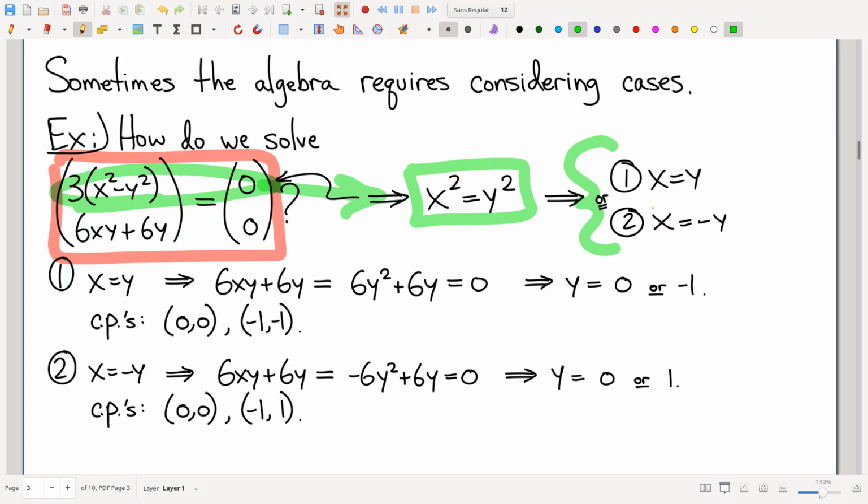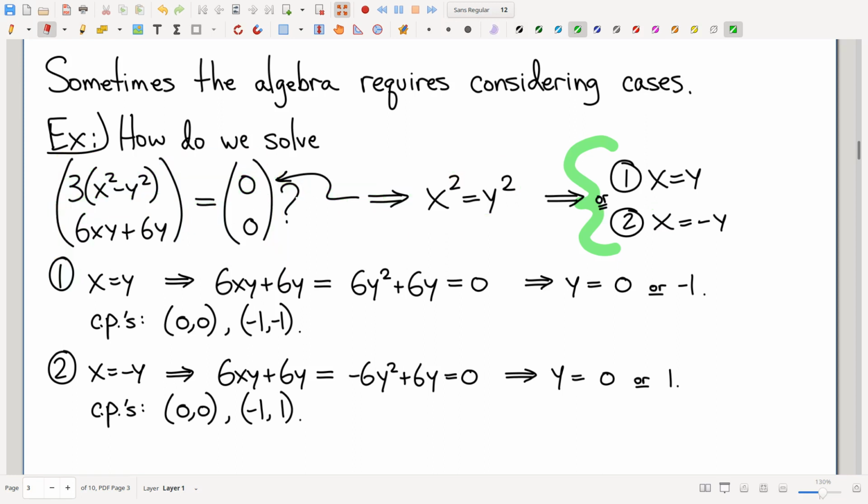That is absolutely not legal. And it's also not good enough for our purposes. So what we're going to have to do is be careful with that kind of thing. Specifically, we're going to have to consider these two as separate cases. We'll deal with them separately. Each of them is going to contribute to our collection of critical points.